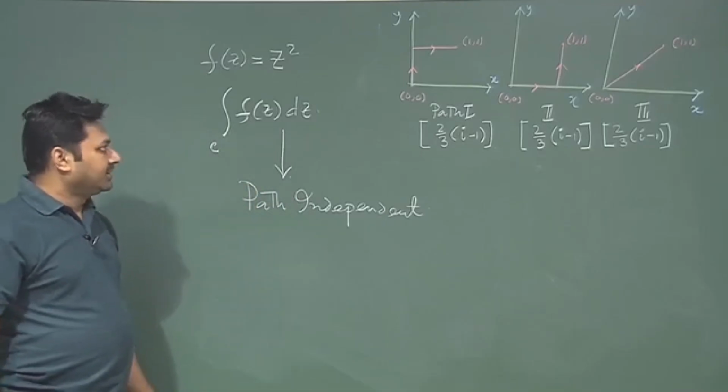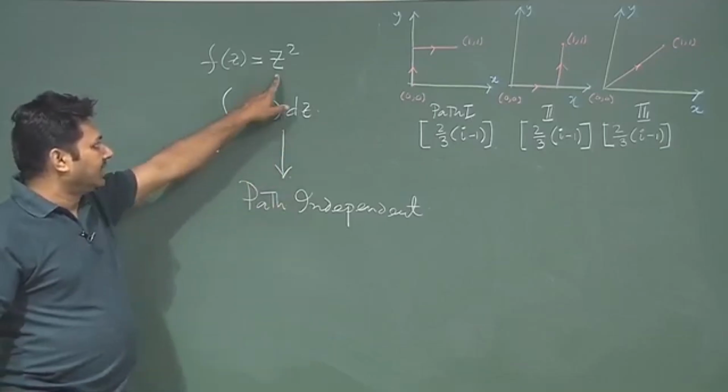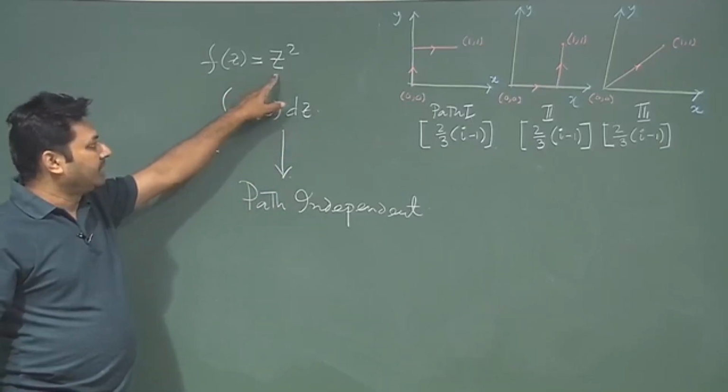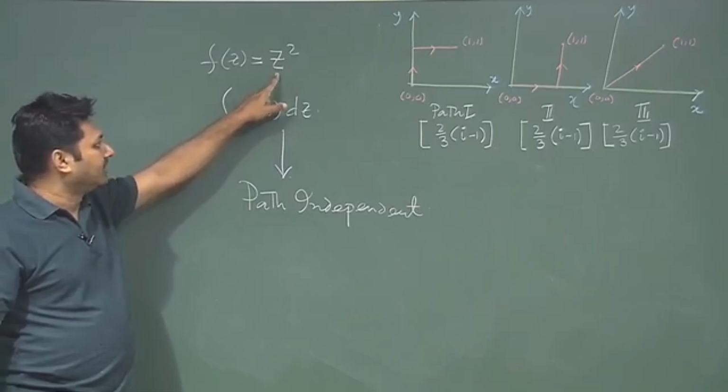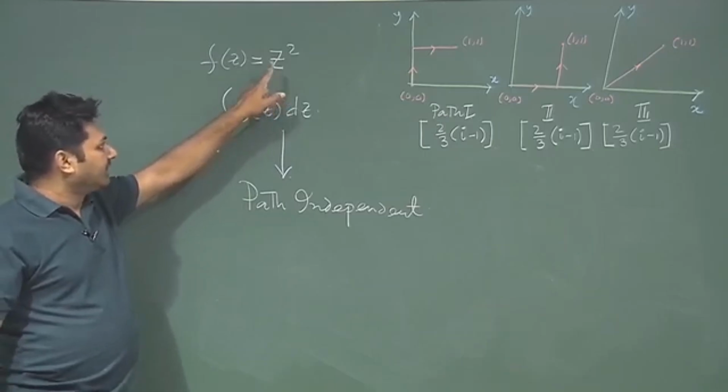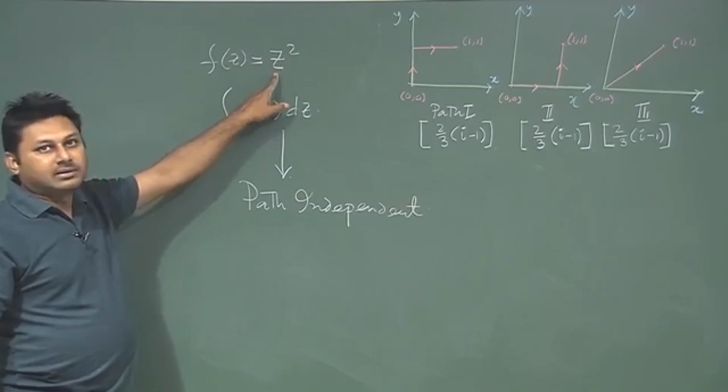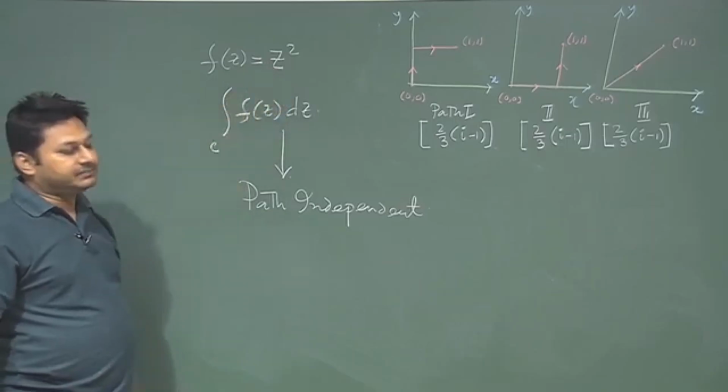Now, why is that? The reason is, and I will again show one example that will be easier to understand, that z square here is an analytic function.